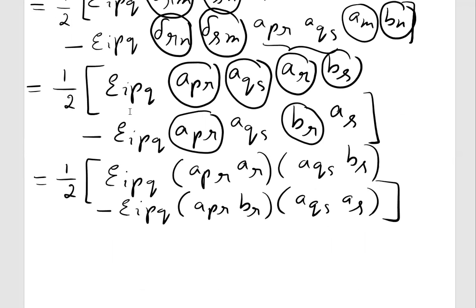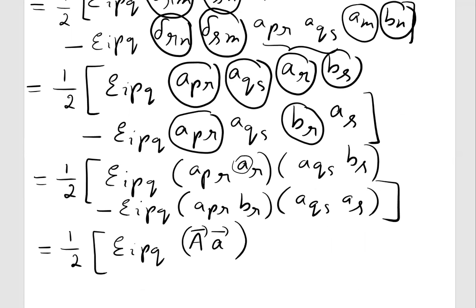Right. So now we'll write in terms of tensors. So that is half as it is. Change over there. So we have epsilon IPQ. Keep that as it is. We have the first bracket, we'll write that as A. And we have small a here, and R, R. So R is dummy there.